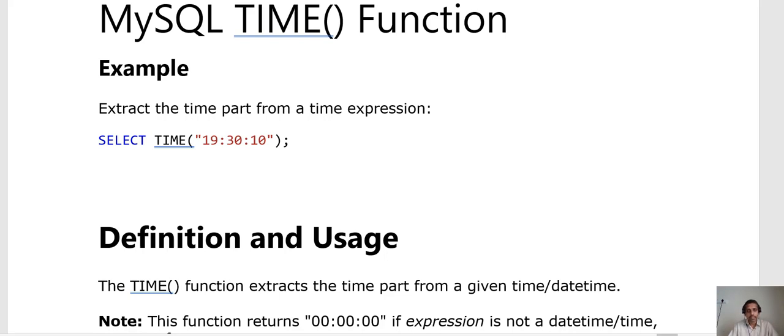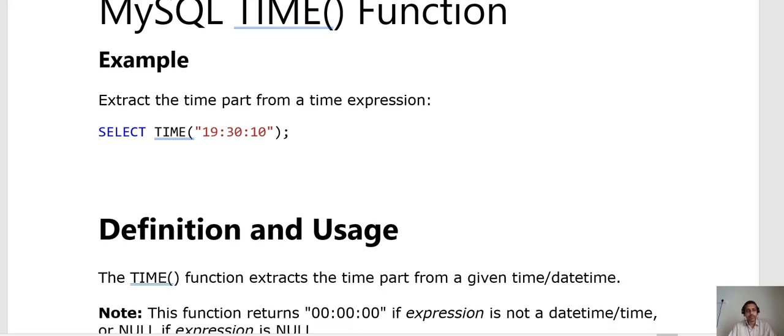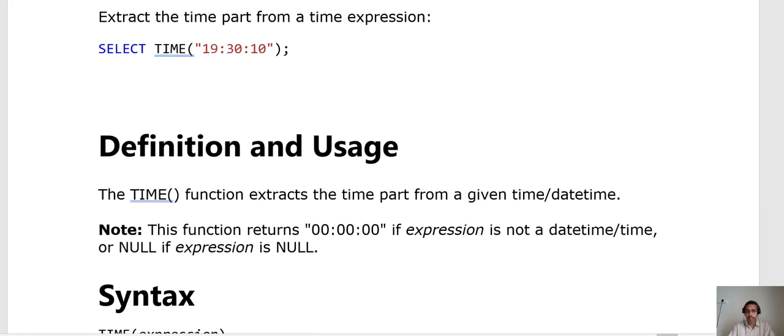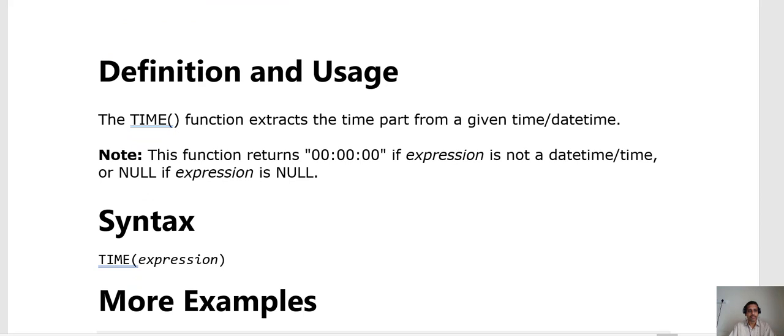Okay. And then how the time function extracts the time part from a given date and time, we can use this syntax. The syntax is time, and then we need to define the expression. This is how we can fetch the time from the date and time. If the time doesn't exist, so it's not a valid one, what will it return?